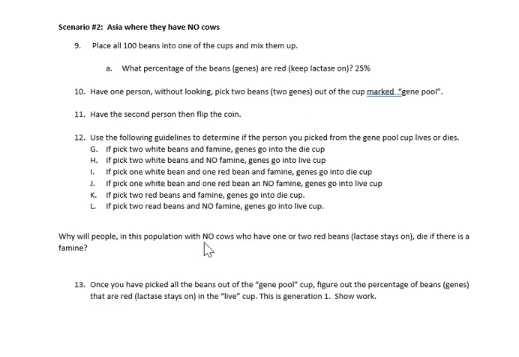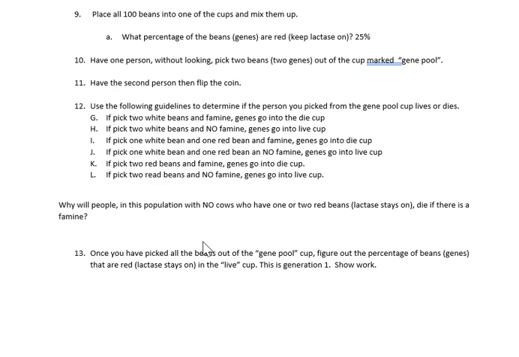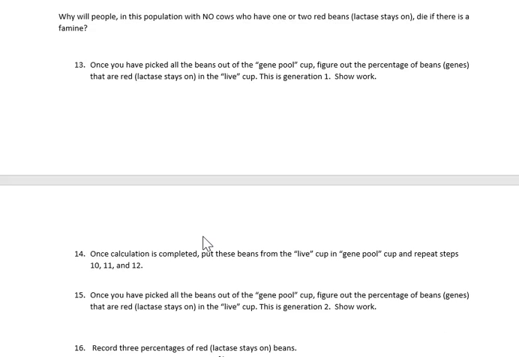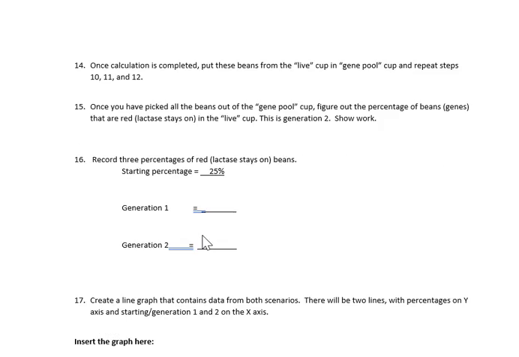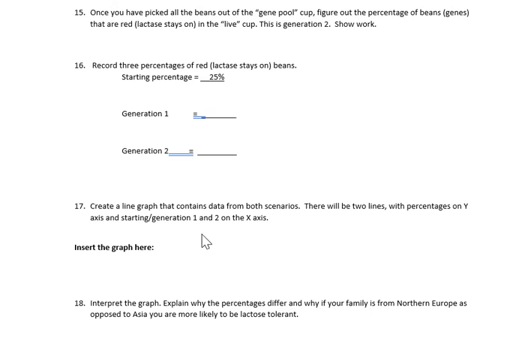Then you're going to look at your data and determine why you got the results that you did. So you're going to create a line graph that's going to have data from both scenarios. There's going to be two lines on it, one for where you have cows in Northern Europe and one from Asia where you don't.